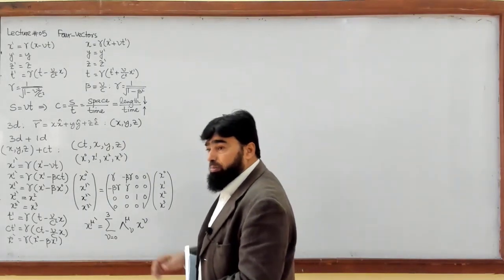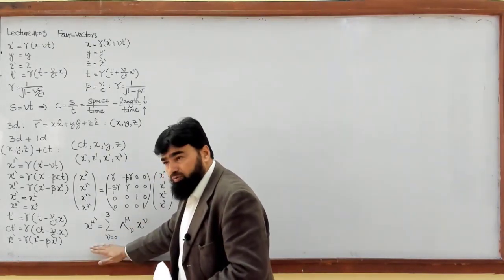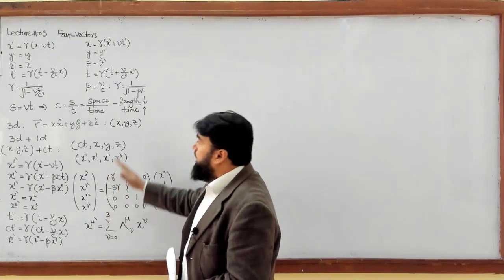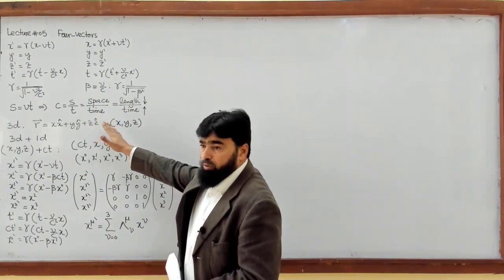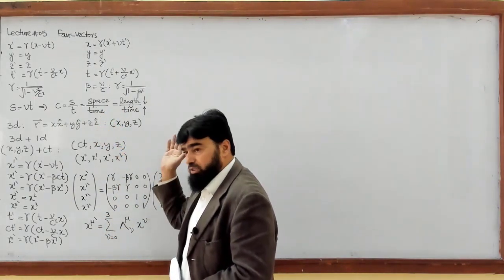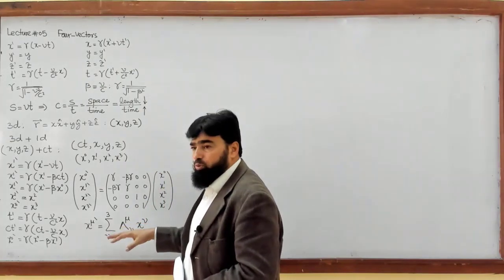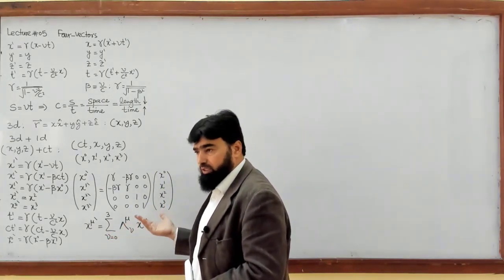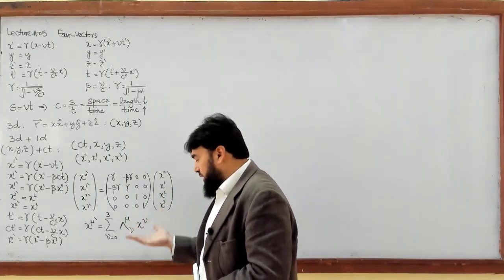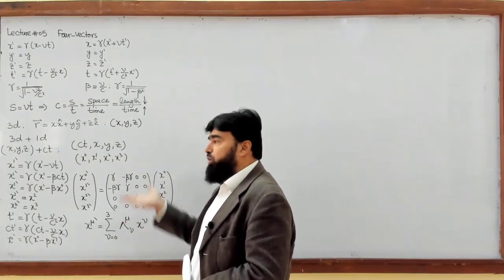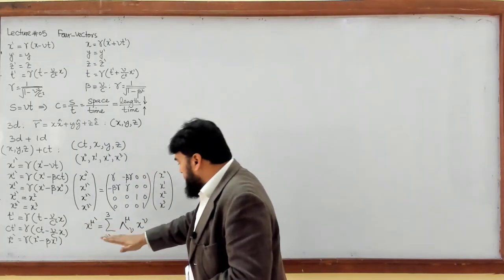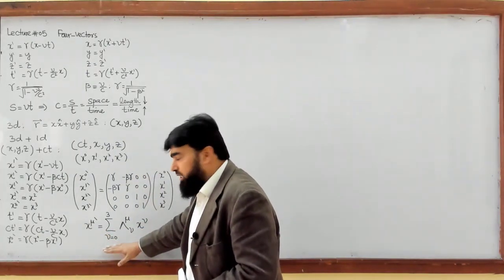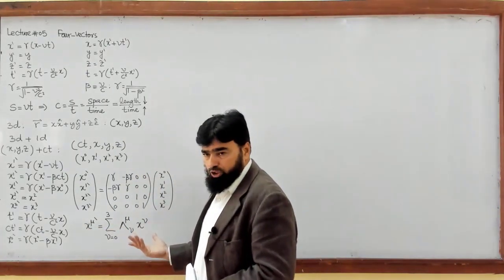The benefit of writing this thing in a compact form is that our motion in the Lorentz transformation is along the x-axis. So we can easily go to any other axis motion like the y-axis. One frame is stationary and the other frame is moving along the y-axis. The structure of the equation will remain the same, only x and y will change.